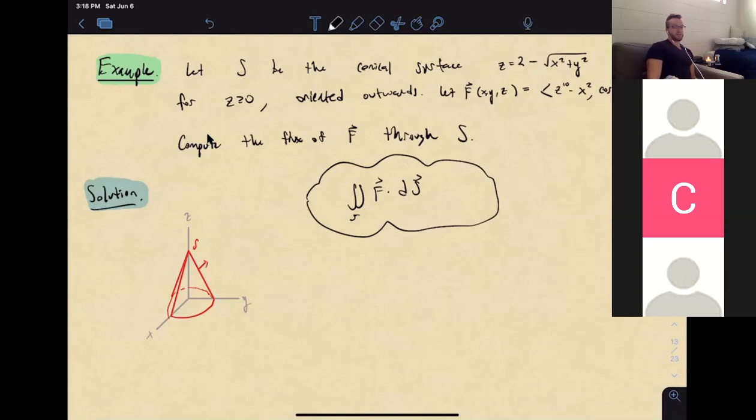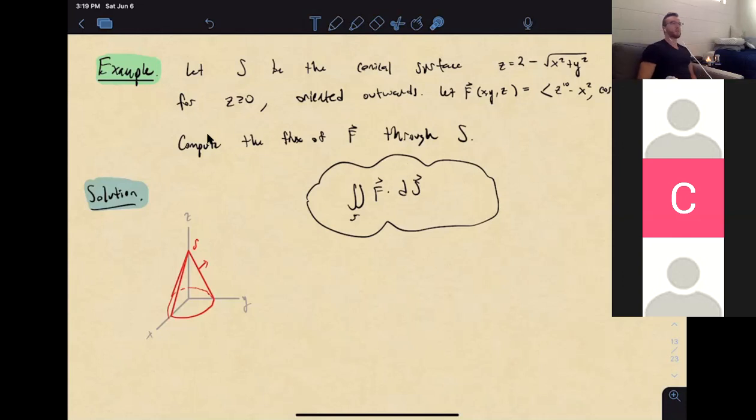If you want to use Stokes' theorem directly, Stokes' theorem concerns the surface integral of the curl of something. So what that means is that you would have to find a vector potential for F. I think I said this in discussion, but you will almost certainly not be asked to find a vector potential ever.